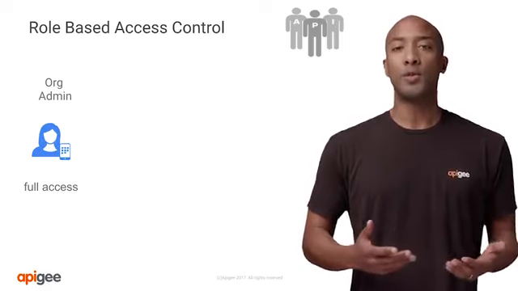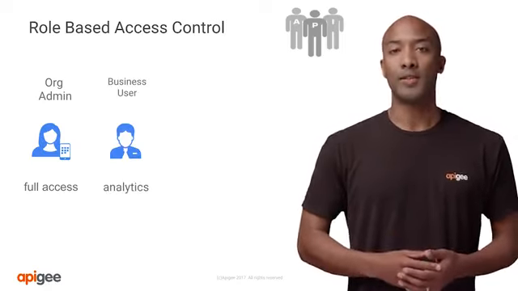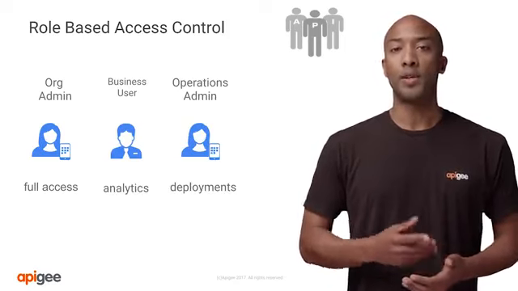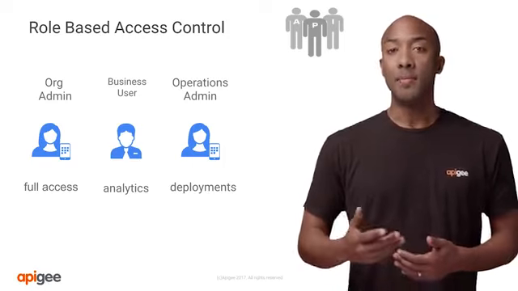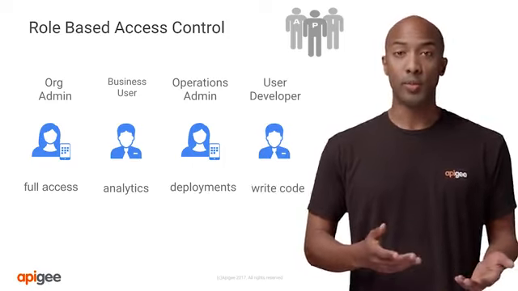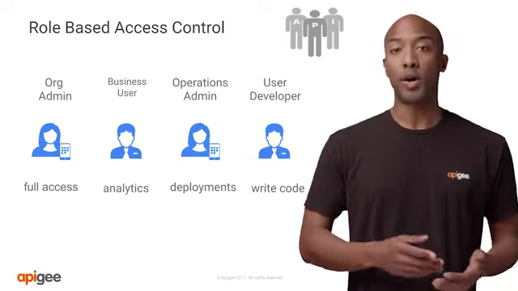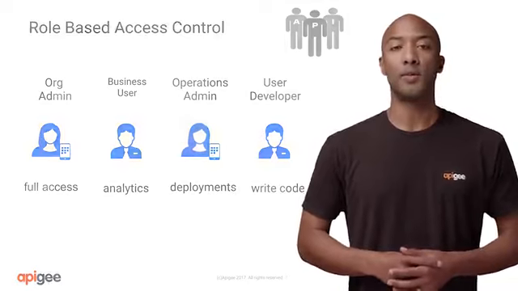Try to keep the number of users in this role to a minimum. The business user role grants access to Apigee Analytics. The operations administrator can deploy and undeploy proxies and make changes to the environment configuration. The user or developer role can create or update proxies. More detailed information on these roles can be found in our documentation.